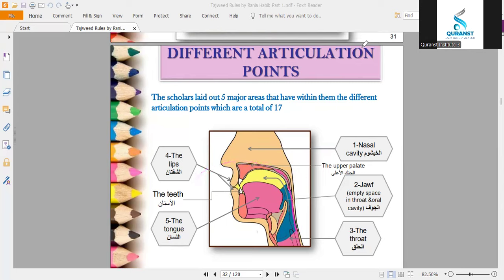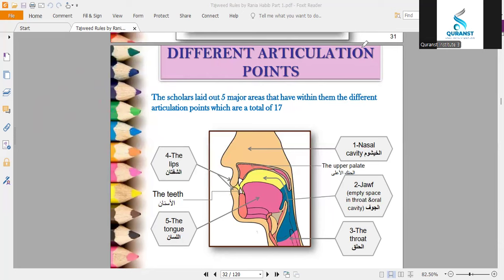We call the sound that we make from the nose al-ghunna. Al-ghunna, or echo. If you want to know that you pronounce it very well, you can close your nose during making two letters only in the Arabic language. They are noon and mim.